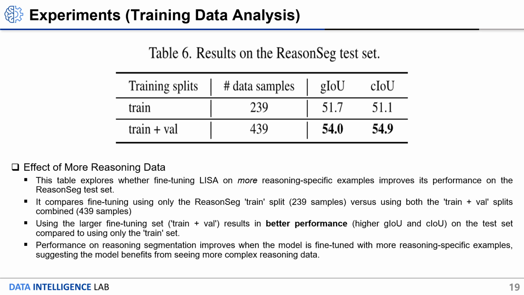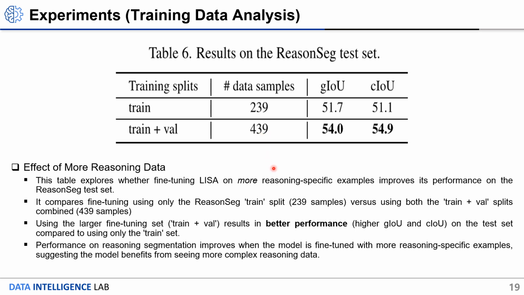Okay, so for table 6, the results on the ReasonSeg test set. For the purpose, this table explores whether fine-tuning LISA on more reasoning-specific examples improves its performance on the ReasonSeg test set. Now for the structure, it compares fine-tuning using only the ReasonSeg train split versus using both the train plus val splits combined.